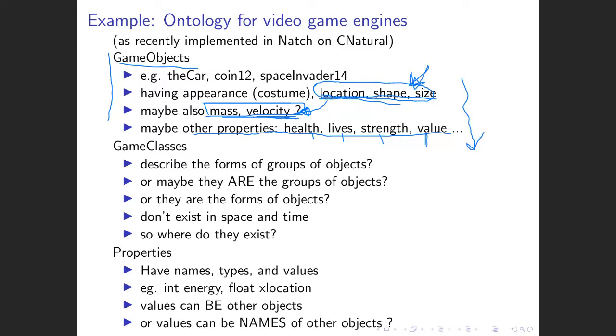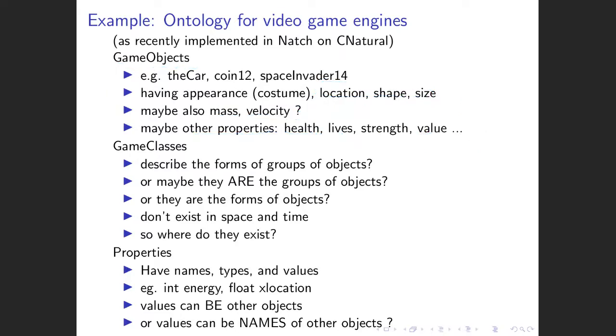There are properties that are quite common in game objects, and there are properties that are completely arbitrary that depend on the particular game that you happen to be making. So you can define your game object with as much of this stuff as you like. You decide where your ontology is going to stop and where you leave it to the user to extend it. Not everything needs a strength, for example, but everything needs a location.